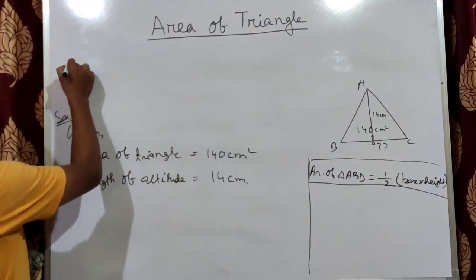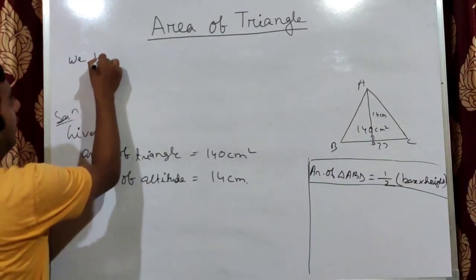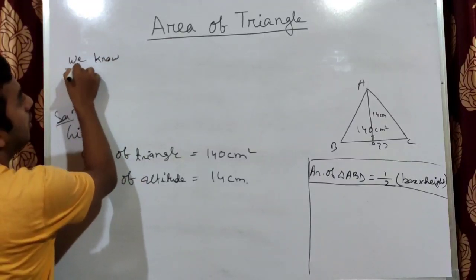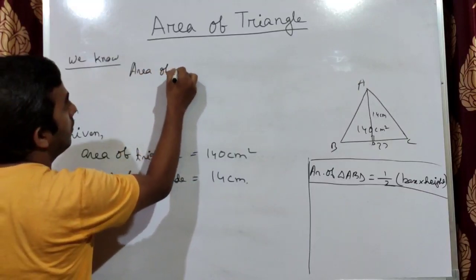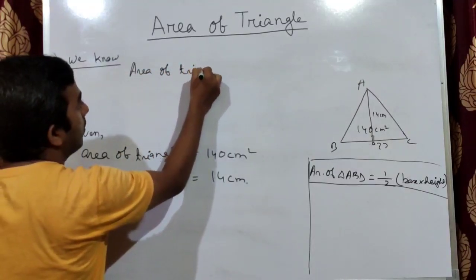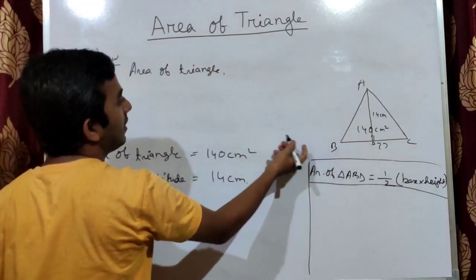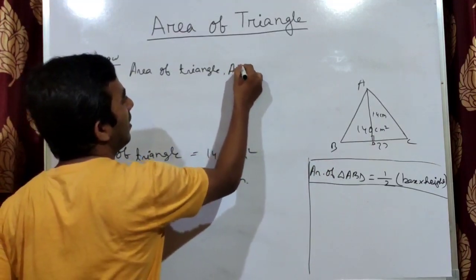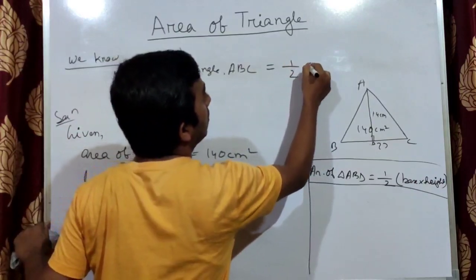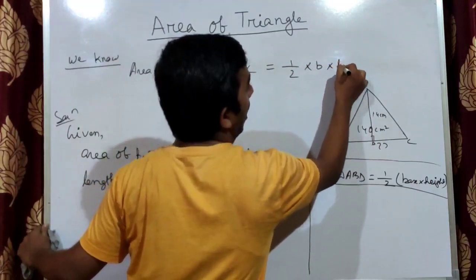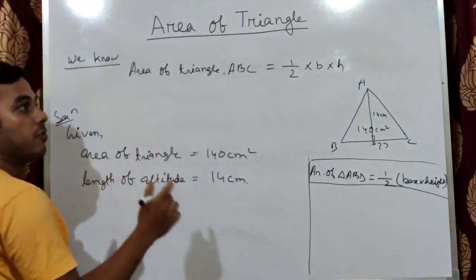One thing we know is that area of triangle is half into base into height. So we will write, area of triangle ABC equals half into base into height, H for height.